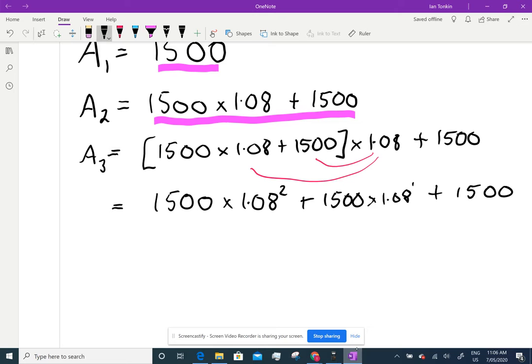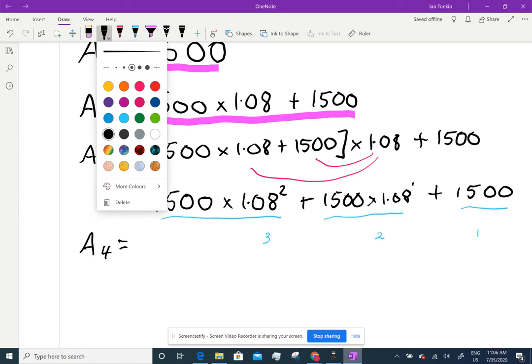Now, let's do A4, but let's do it without putting brackets and expanding. Well, look at this. It's a series. I've got 1500, 1.08 to the 2, 1500, 1.08 to the 1, and now 1500. So in A4, I'm going to have 4 of these, but it's going to be to the 3, to the 2, to the 1, and then just a 1500.